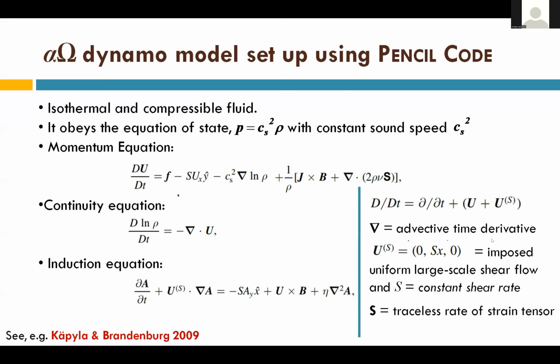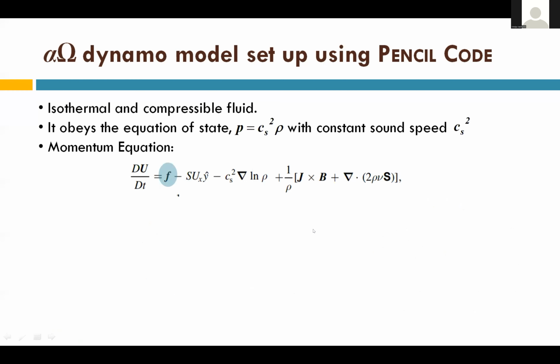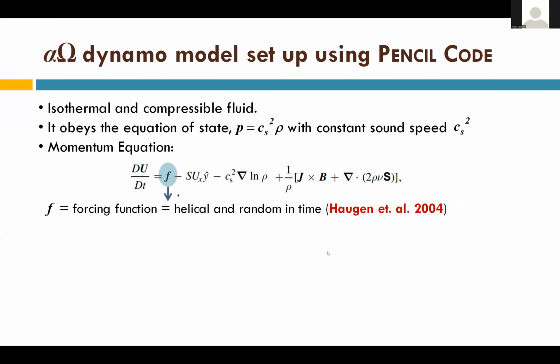Now in this momentum equation, the turbulence is sustained by supplying energy to the system through a stochastic forcing function, which is random in nature. The forcing function of this transverse wave is given by this.